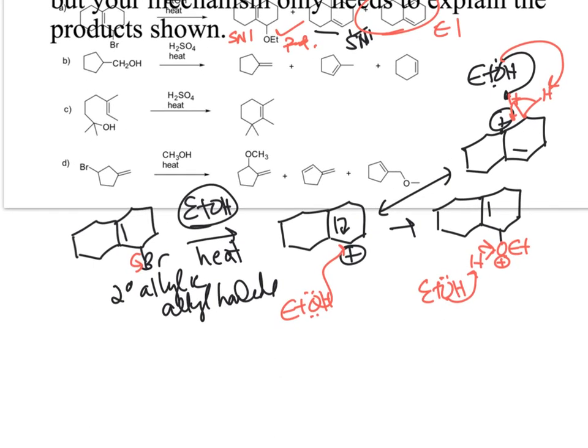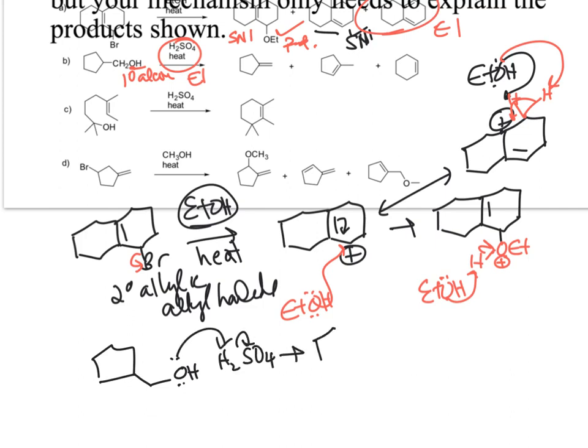Okay, the next problem, you have sulfuric acid and heat, and you have a primary alcohol. So this is going to be an E1. It's going to protonate. So let's look at that alcohol getting protonated. H2SO4. It's going to get protonated. Now the alcohol will be a good leaving group.